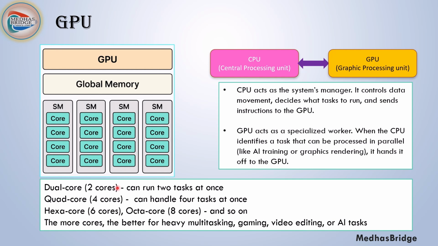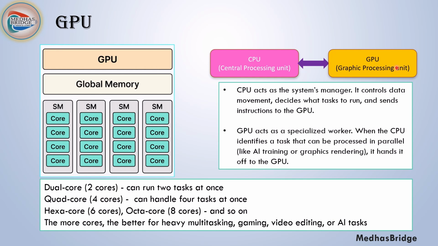So in a system, CPU and GPU can coordinate with each other. In our case, the CPU acts like a manager, and the GPU is like a specialized skilled person. The CPU hands off the work to the GPU, the GPU does parallel processing and then returns the result to the CPU.